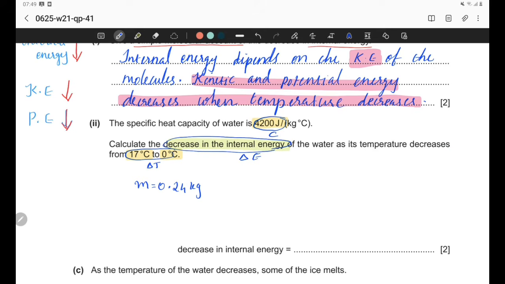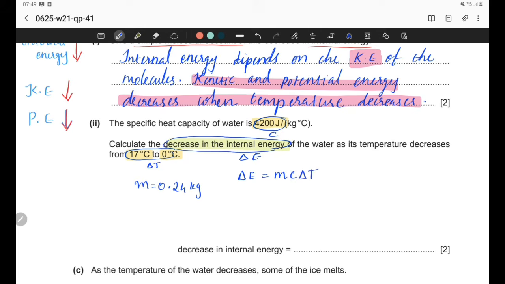So we can use the equation which relates energy and specific heat capacity. Change in internal energy is m, that is mass, times the specific heat capacity times the change in temperature.